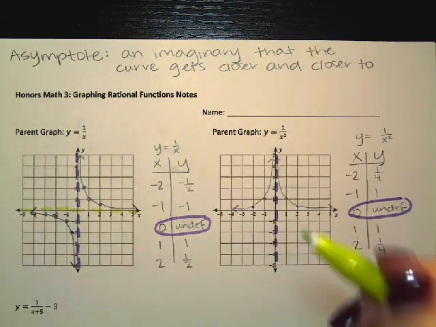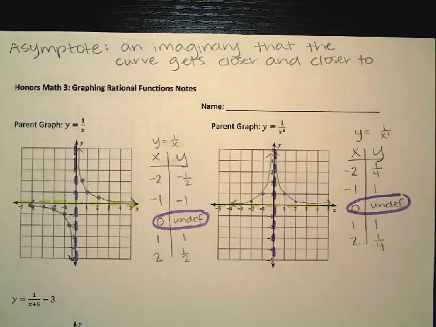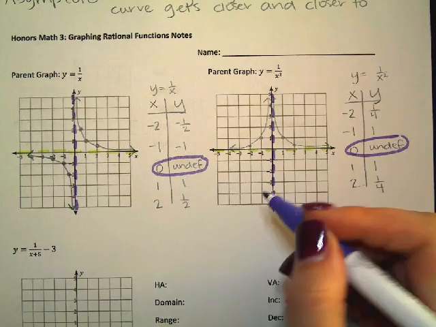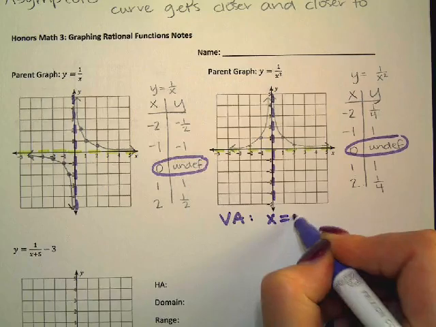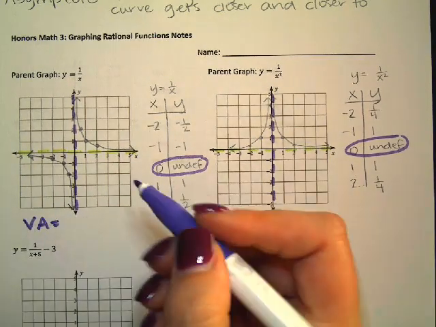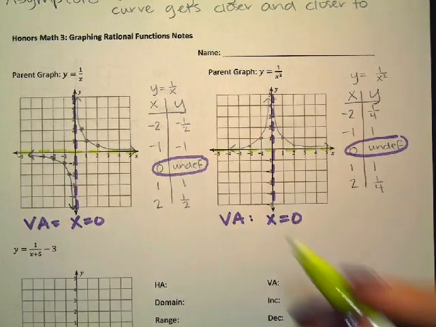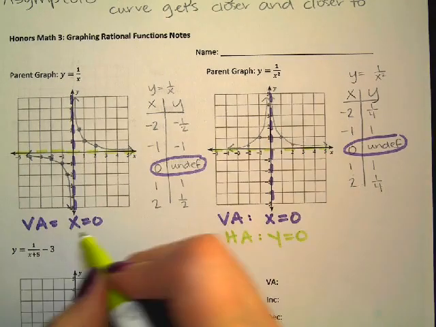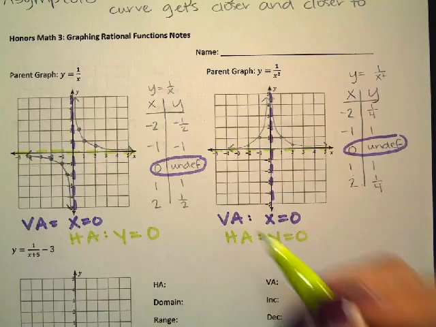And then we actually still have the horizontal asymptote at 0. So instead of finding a vertex for these, we're going to say what the vertical asymptote and horizontal asymptotes are. And those are kind of what give us like our locator, basically. And then we have horizontal asymptote, y equals 0.